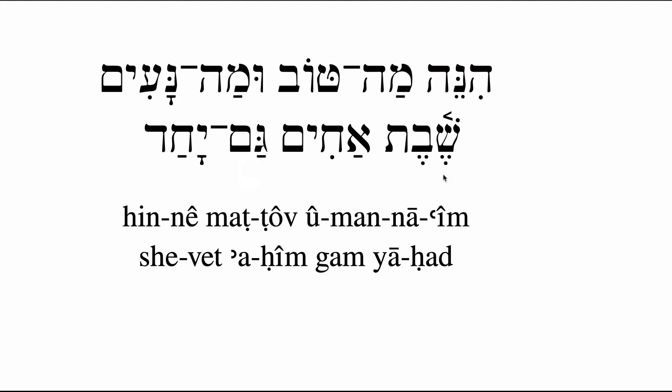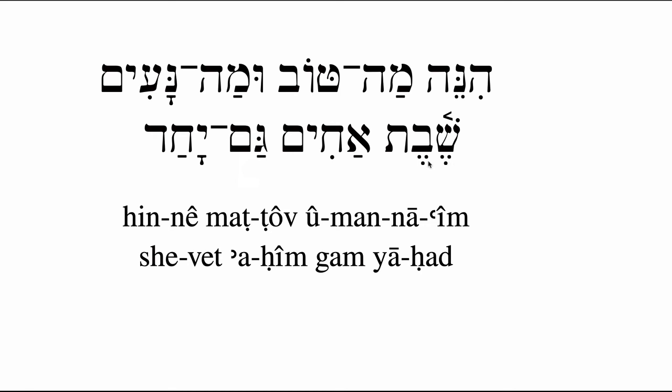Finally, because you're going to be practicing this song, Hine ma tov u manaim shevet achim gam yachad, you might try breaking down these syllables a bit and thinking about what is open and closed, what is long and what is short.